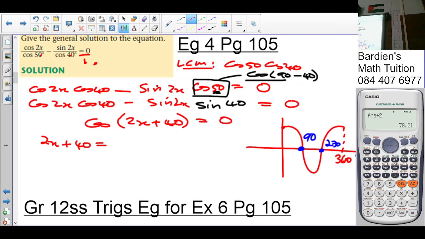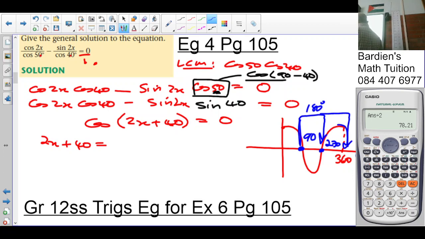You can do it like that, or we will note that this actually happens every, how many degrees is that? Every 180 degrees, that's where the graph will come down again and so on. So that will happen every 180 degrees.